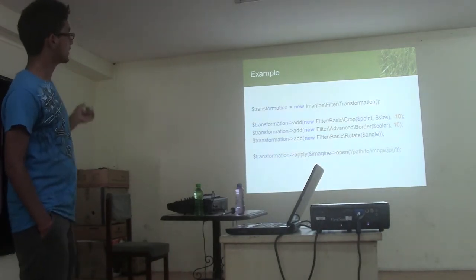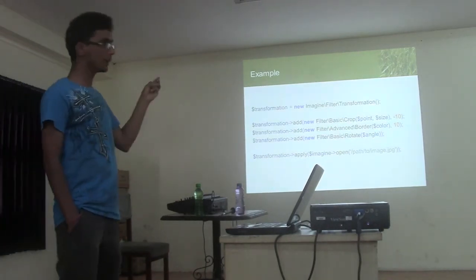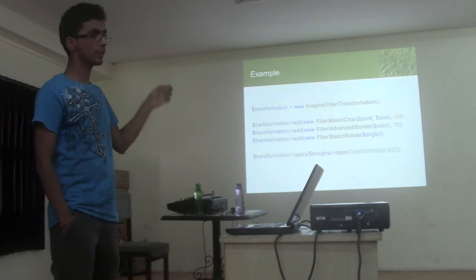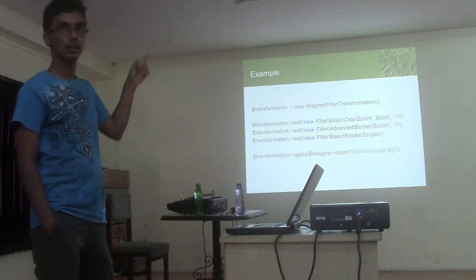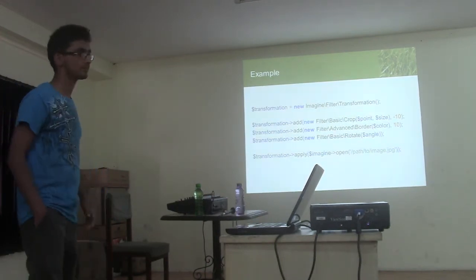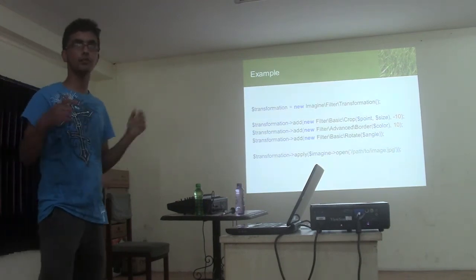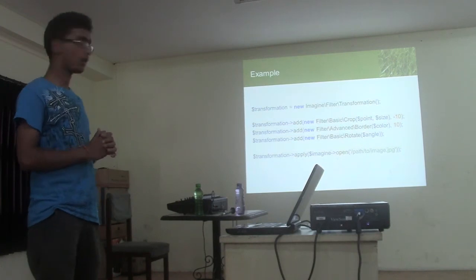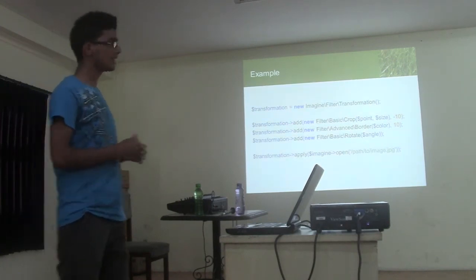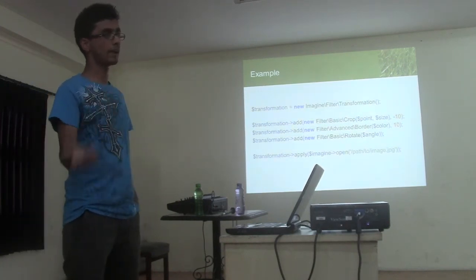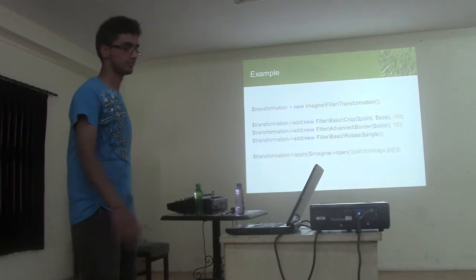At first the border filter is applied, after that the rotate filter is applied, and after that the crop filter is applied. So transformation is a special implementation of a filter. It is a queue of filters. It is a way of lazily applying filters.